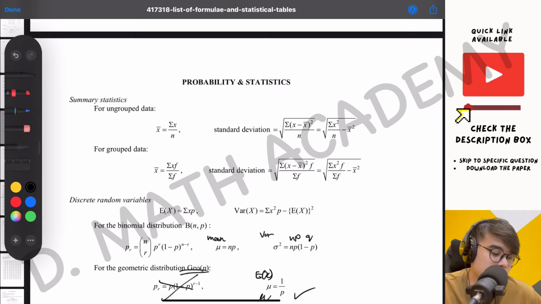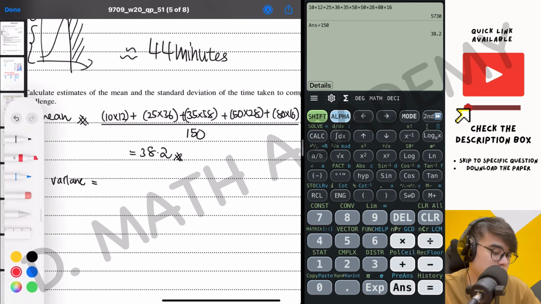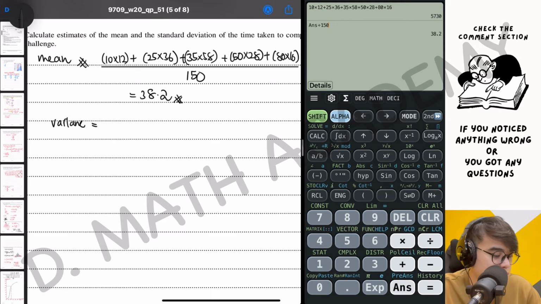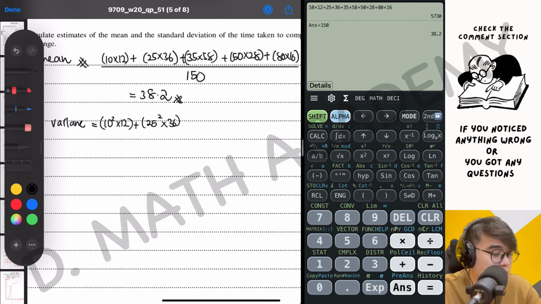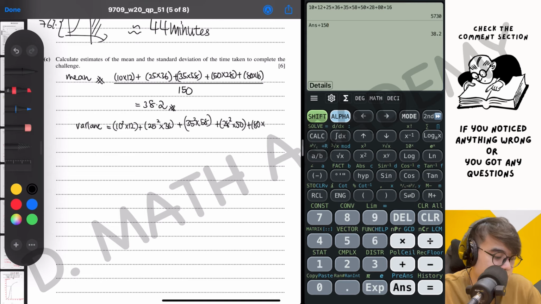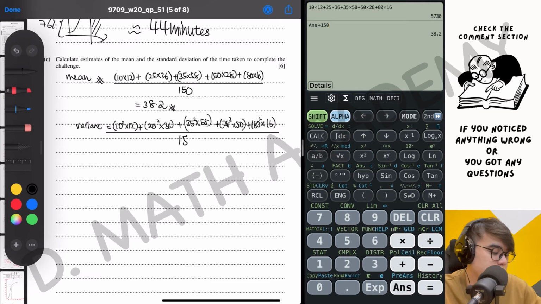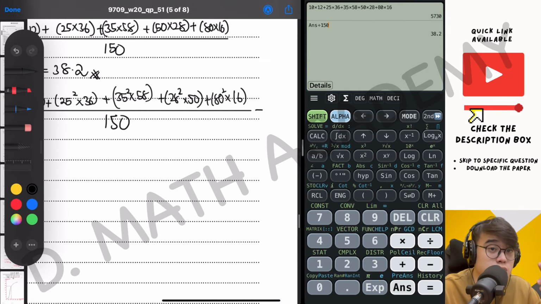So the x, you're supposed to square it like I mentioned here. All of this will be divided by 150, and then kindly remember to subtract the mean, but make sure you square it.